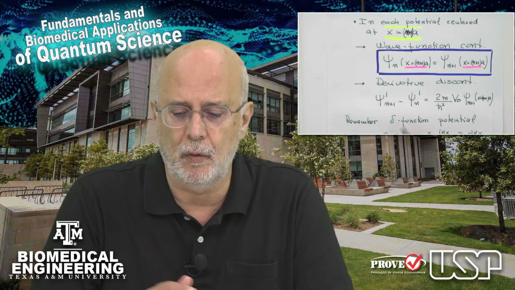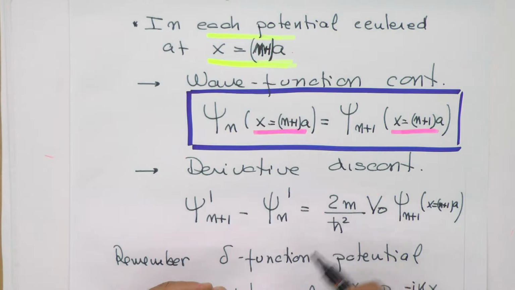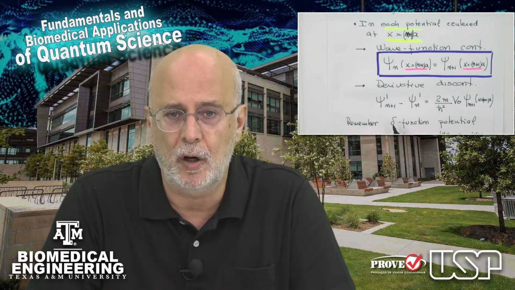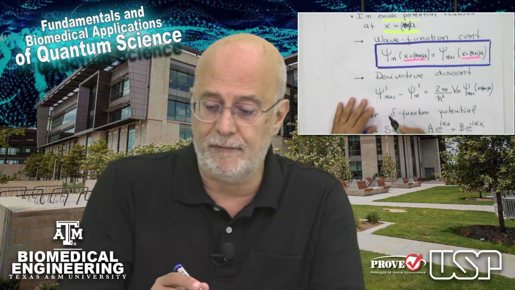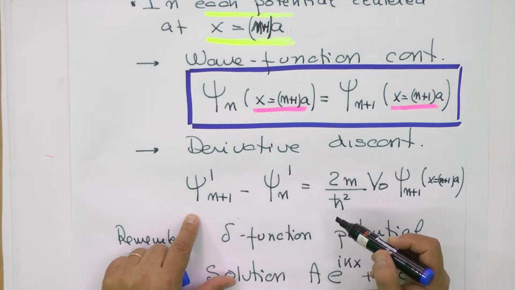Even though the wave function is continuous, we cannot create probability by having the potential. We can give it kicks, like sudden kicks of momentum. Therefore, the derivative of the wave function has a discontinuity.